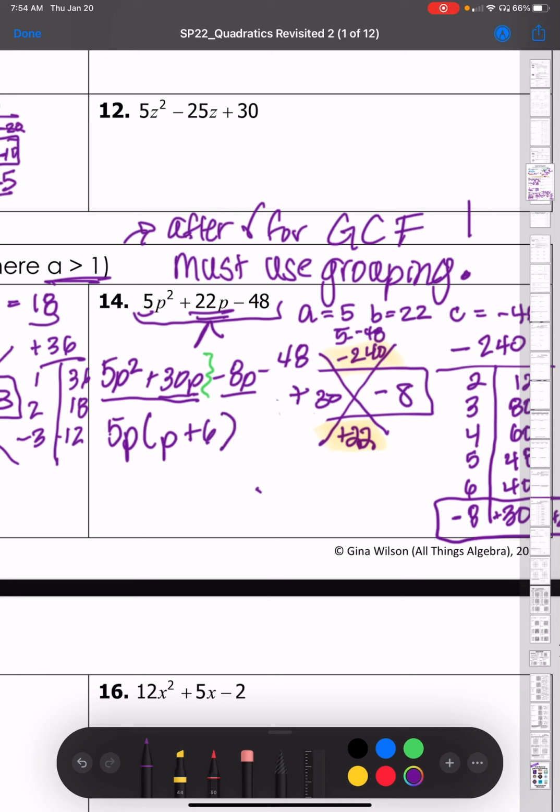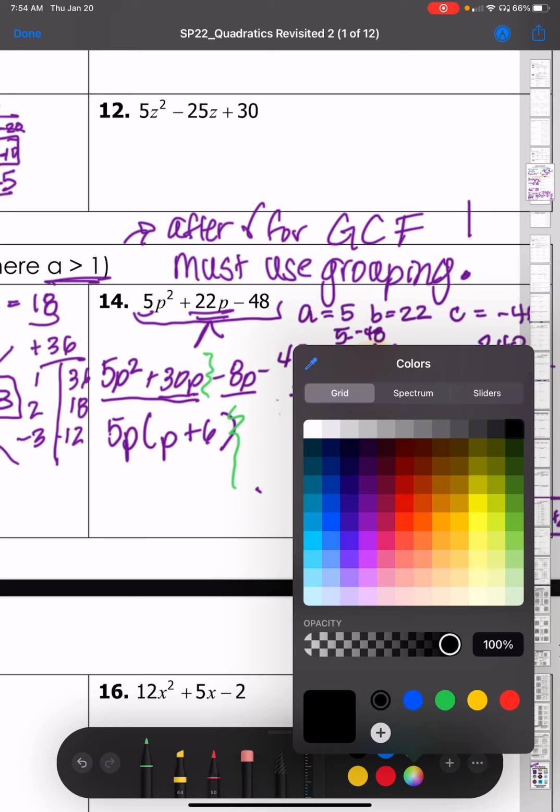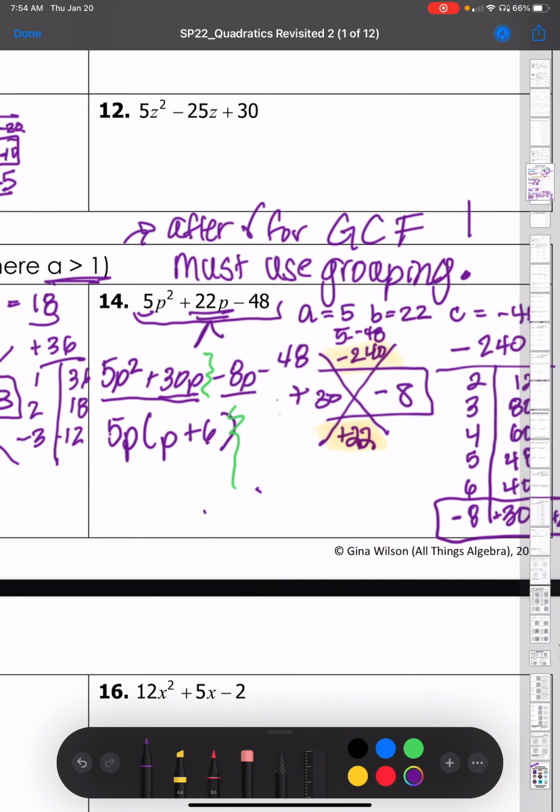So we're just taking 5p squared divided by 5p, that gives us p. And then a positive 30p divided by 5p is a positive 6. So now we are going to continue on and look at our other side. So our other side is negative 8p minus 48.